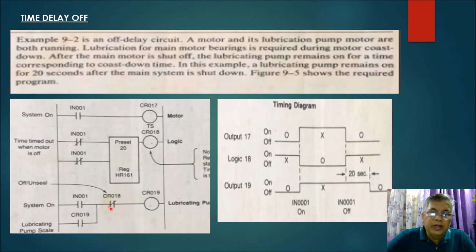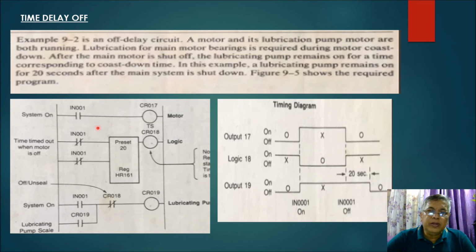Once this is open, automatically your lubricating pump motor, represented by CR019, will de-energize. So, in other words, there is a time delay of 20 seconds in turning off your lubricating pump. That is how this circuit works. We call this the time delay off of your lubricating pump motor.